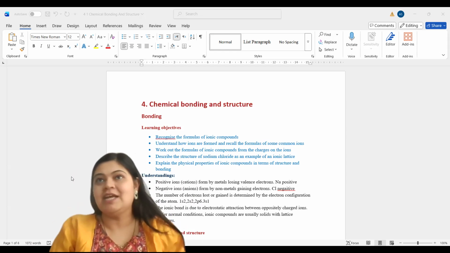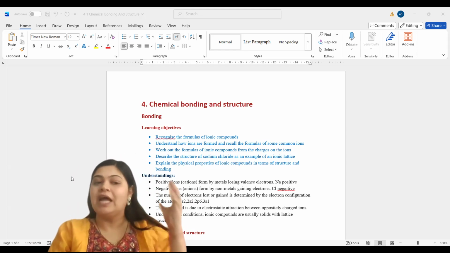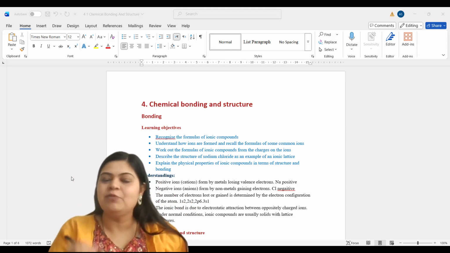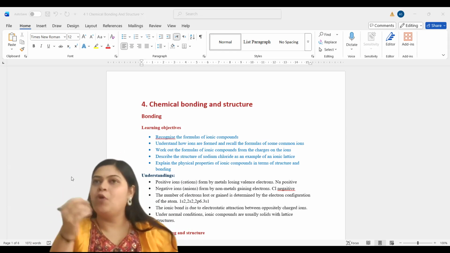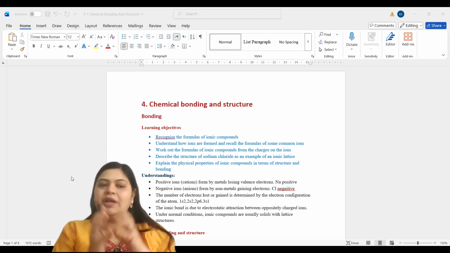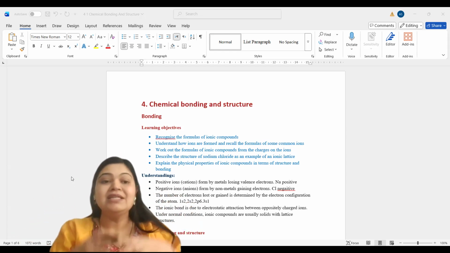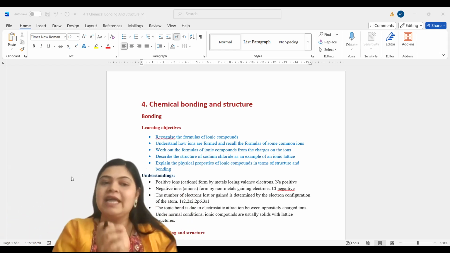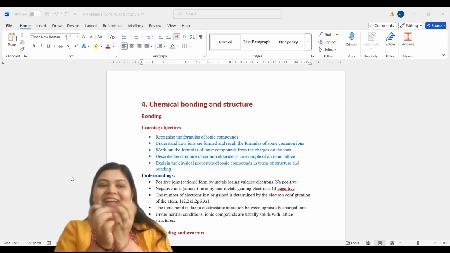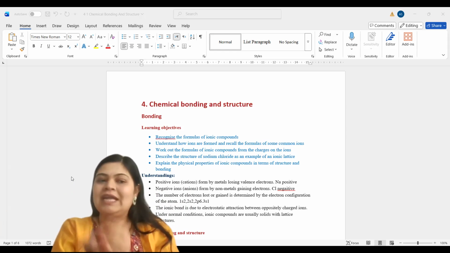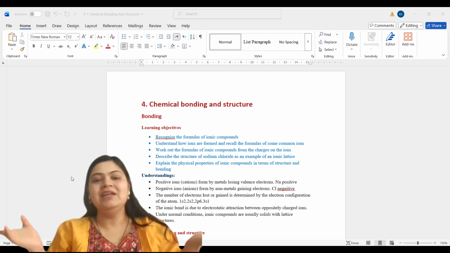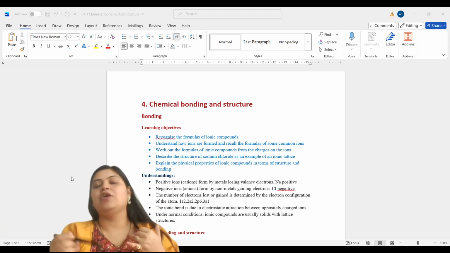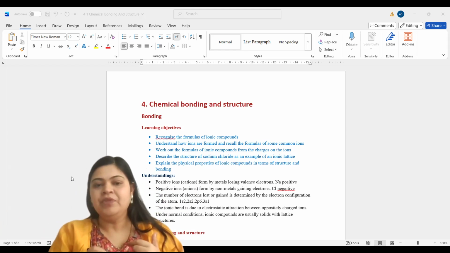For that, we first need to understand what is meant by a bond. A bond is formed when atoms, elements, compounds or molecules are ready to donate and accept, to share and accept. So we understand how ions are formed and recall their formulas.